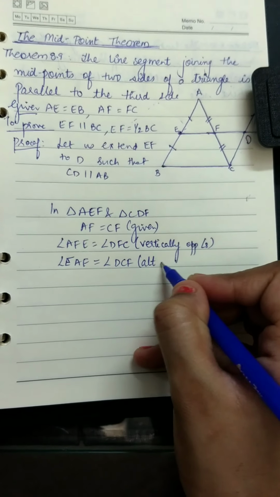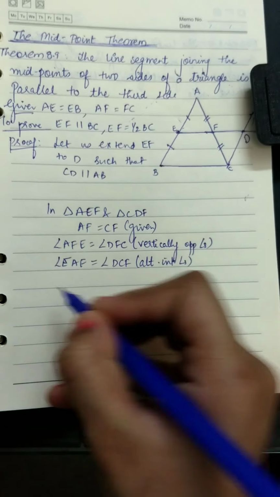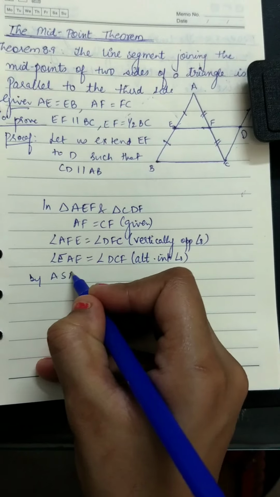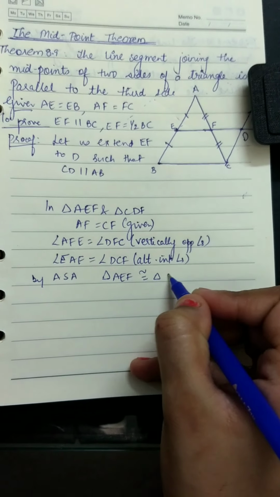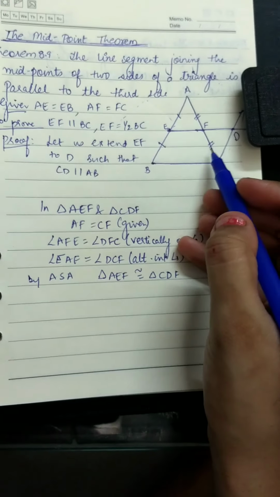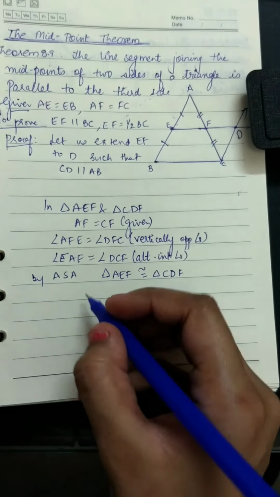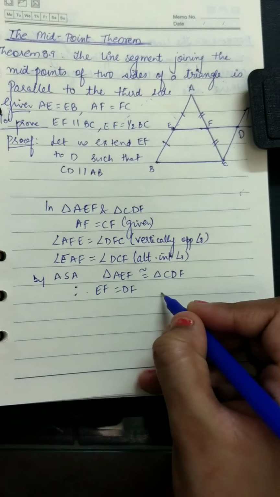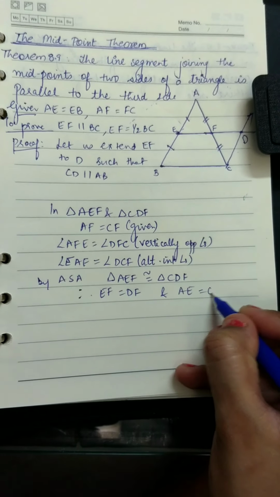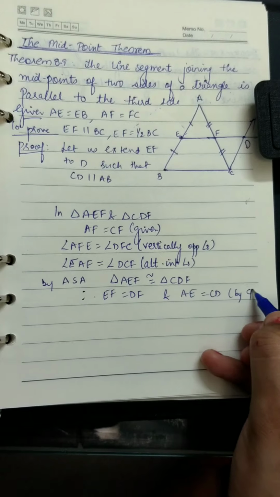These are alternate interior angles. So by ASA criteria, triangle AEF is congruent to triangle CDF. So these two triangles are congruent. So therefore by CPCT I can say EF is equal to DF and AE is equal to CD by CPCT.